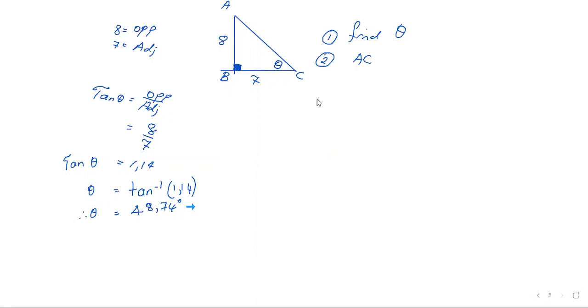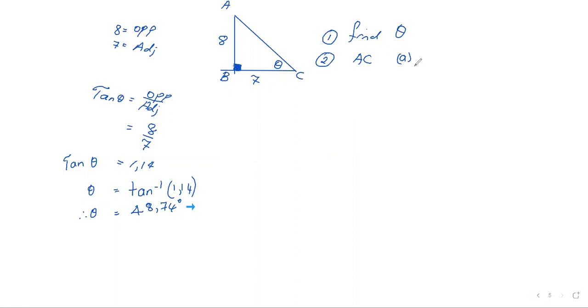Now, it's easy to find AC two ways. One, we can use Pythagoras theorem. Because triangle ABC is a right angle triangle, we can use method 1.